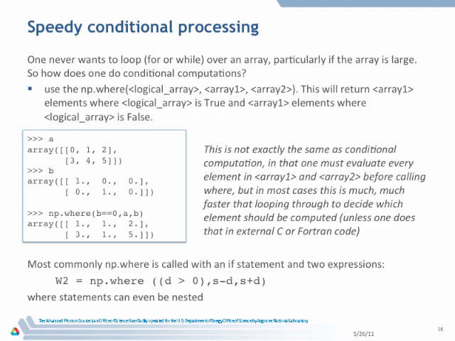Most of the time, when people call this in practice, they put some expressions in here. So here's an example. I want S minus D where D is positive, but I want S plus D where D is negative. By the way, I could have done that much more simply by saying S minus the absolute value of D. I don't know which one's faster, but they're probably comparable in speed.